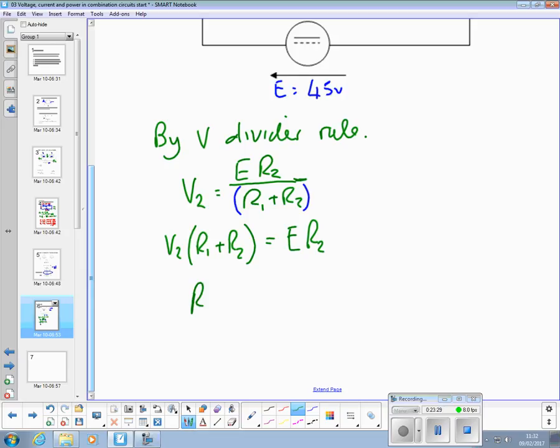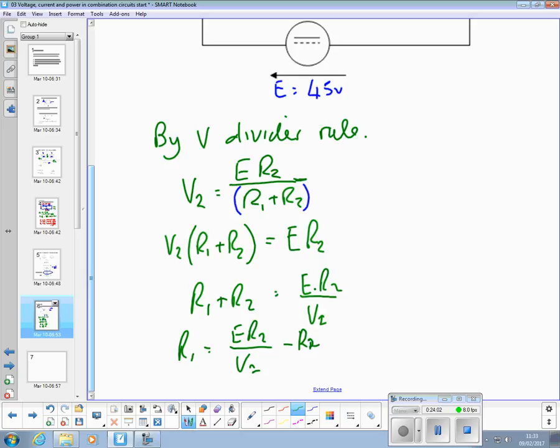So we can do R1 plus R2, the brackets can go now. It's not a common factor. R1 plus R2 is equal to E R2 over V2. And then, last of all, R1 is equal to E R2 over V2 minus R2.